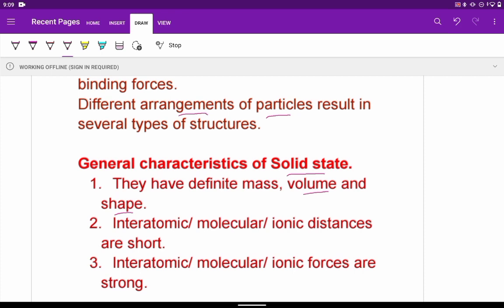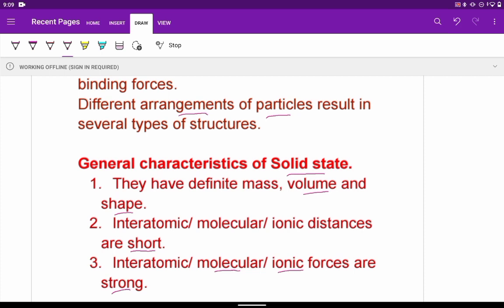The interatomic or intermolecular or interionic distances, as the case may be, are short. The distances are short, means the distances between the particles are very less. Whereas the interatomic or molecular or ionic forces are strong.